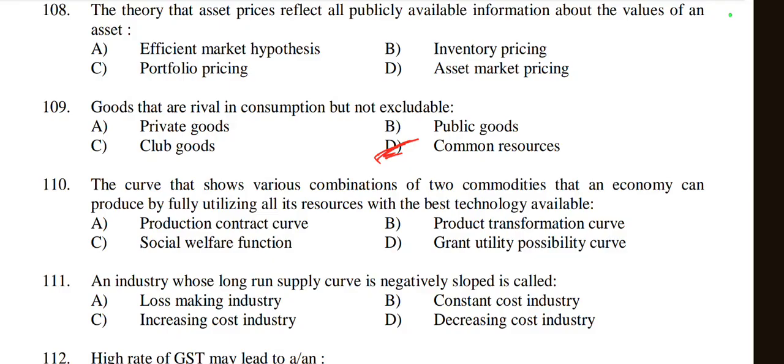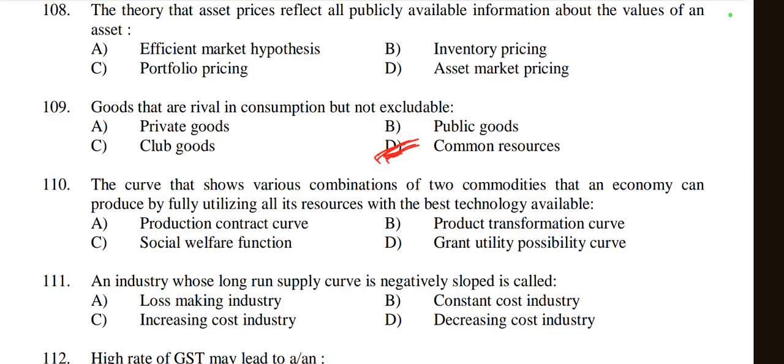Common resources are rival in consumption. Rival means one person's use reduces availability for others, but not excludable means it is difficult to prevent others from using them. So common resources like fish in the river, forest, public grazing land, these are common resources.